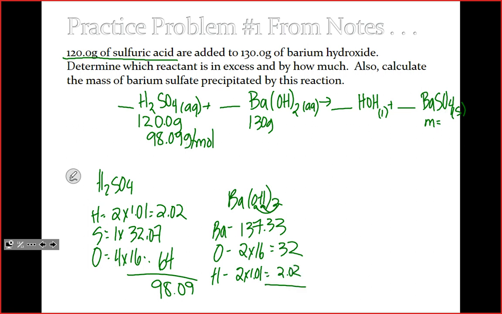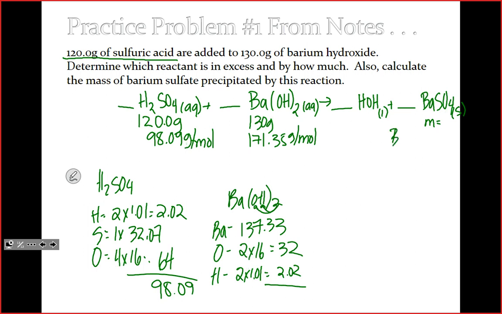So I'm going to add all these up together with my calculator: 137.33 plus 32 plus 2.02. That's going to give me a molar mass of 171.35 grams per mole. Okay, and now I'm also going to find the molar mass of barium sulfate, right?